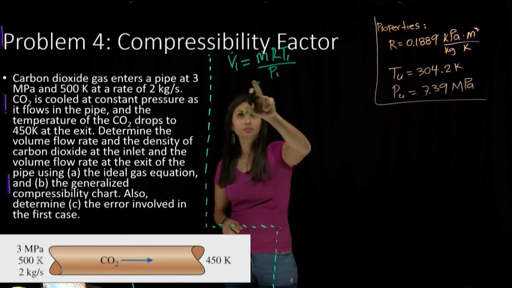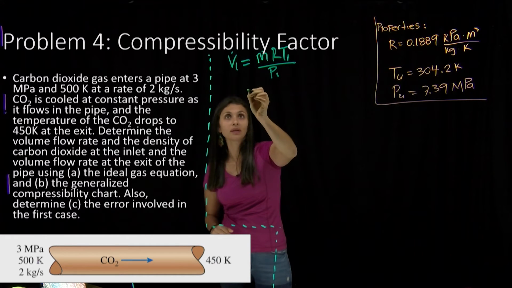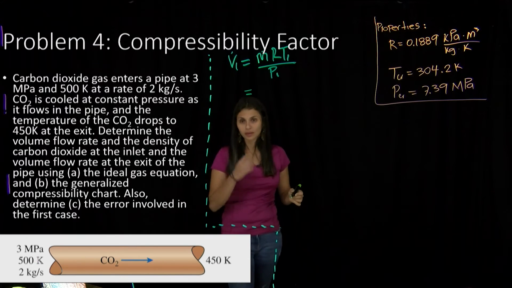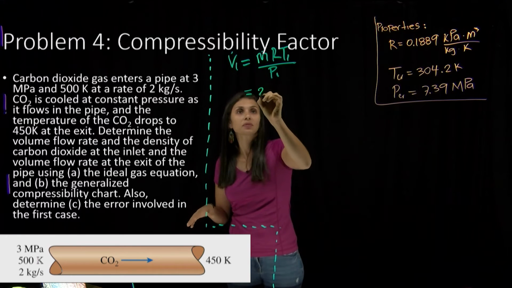We just replace this with the information we already have from the problem statement. We know that we have 2 kilograms per second.